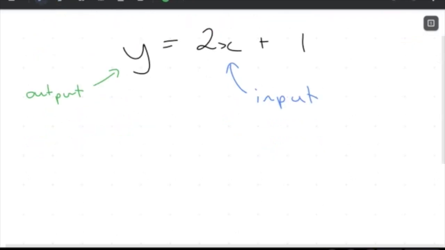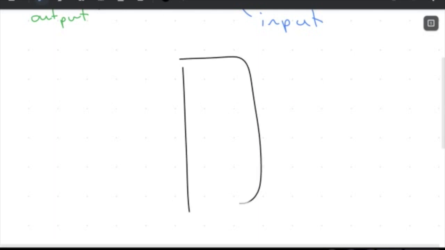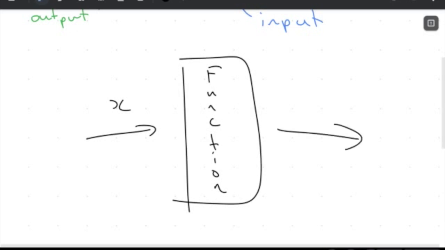Now, let's just once again consider this idea of some kind of function machine where we're putting in some value of x and we're getting out some value of y. But now instead of y, I'm going to write the type of notation that we're going to use for functions.